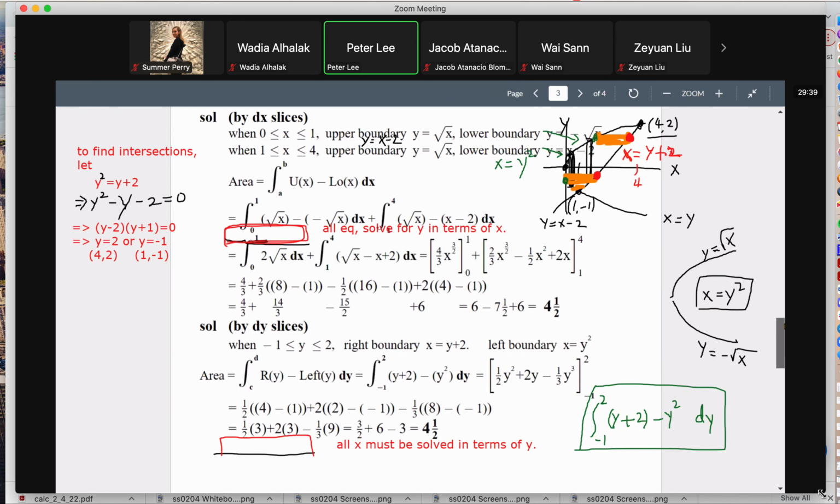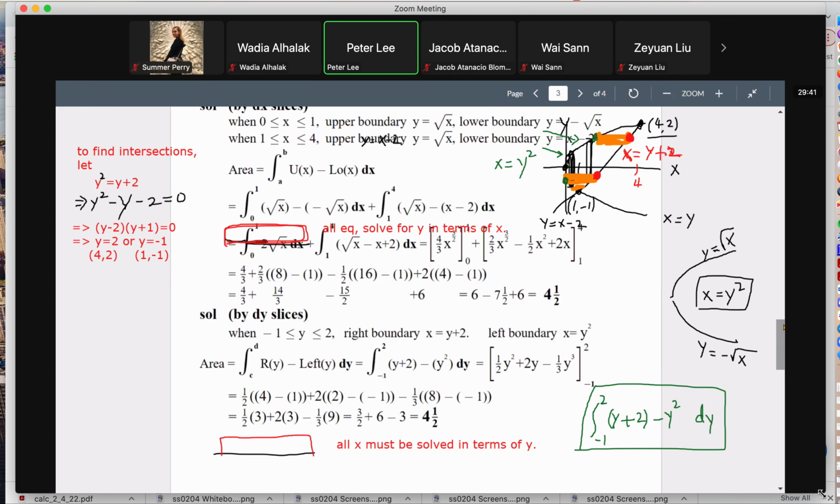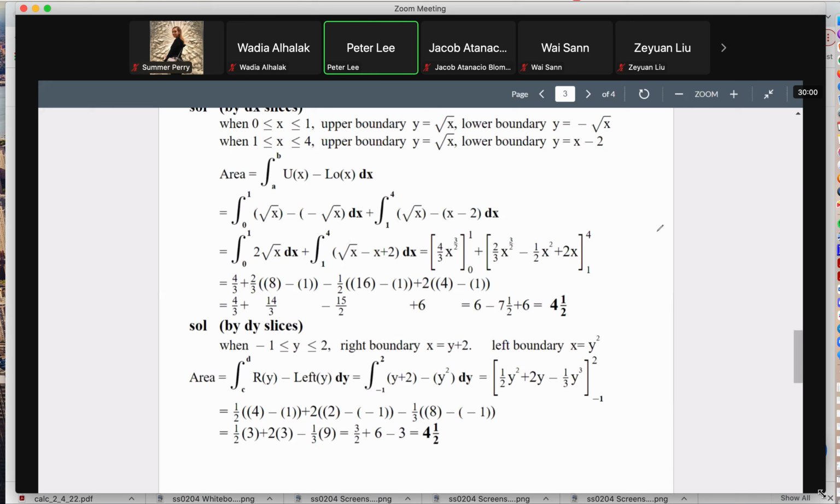But now everything's kind of messed up here. Any questions here on example 4? Well, let me clear all this. Any questions on example 4? Yes or no?